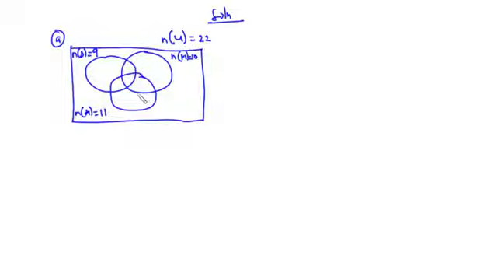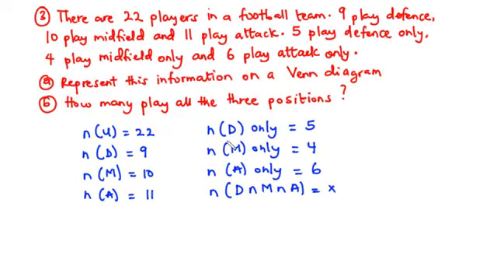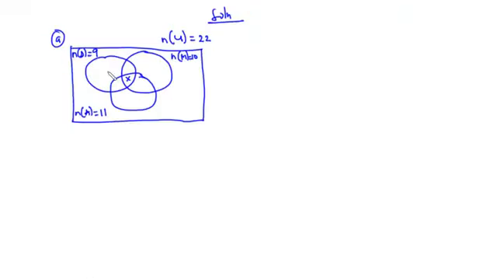And then also the number of players who play all the three positions is X. Now the number of players who play defense only is 5, midfield only is 4, and attack only is 6.